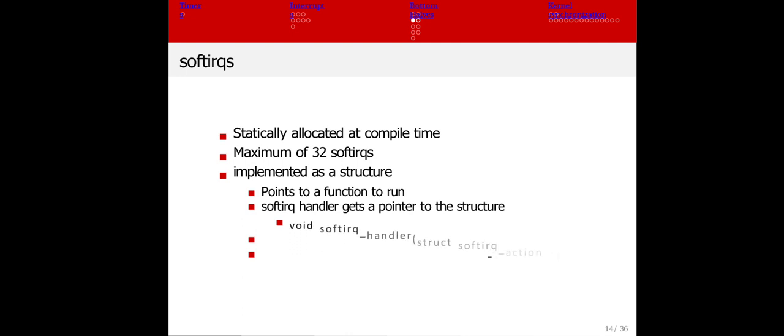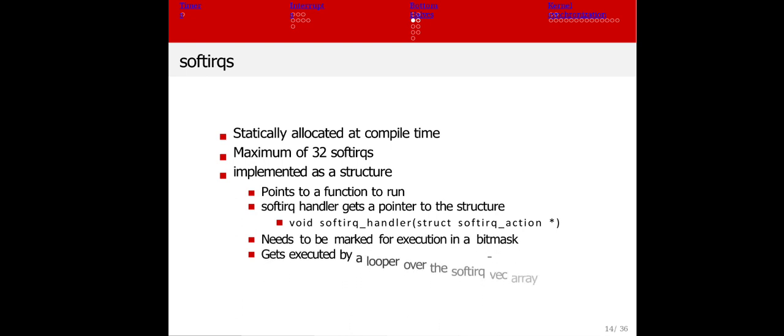Just look at this method, void soft_irq_handler, which has an argument of struct type soft_irq_action, and we have a pointer that points to a function to run, right? It needs to be marked for execution in a bit mask. For each and every soft IRQ, you need to mark it for execution in a bit mask. It gets executed by a loop over the soft IRQ vector array.